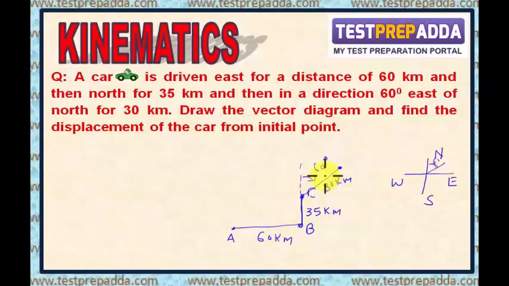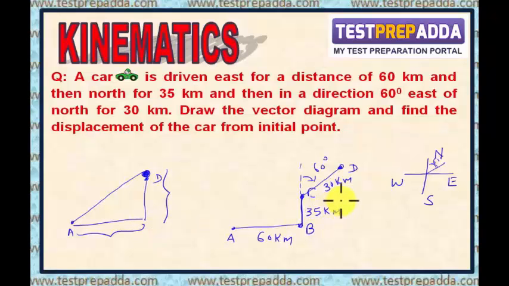You have to find basically the displacement here. So you have to find the distance between A and D. Somehow if we find this and this, then by using Pythagoras theorem, we can get the magnitude AD.